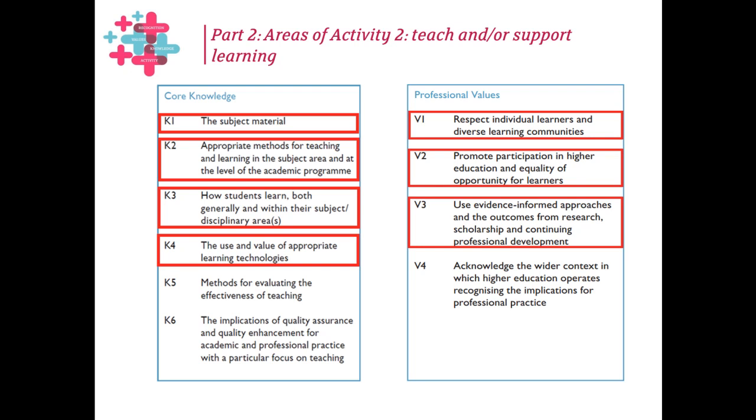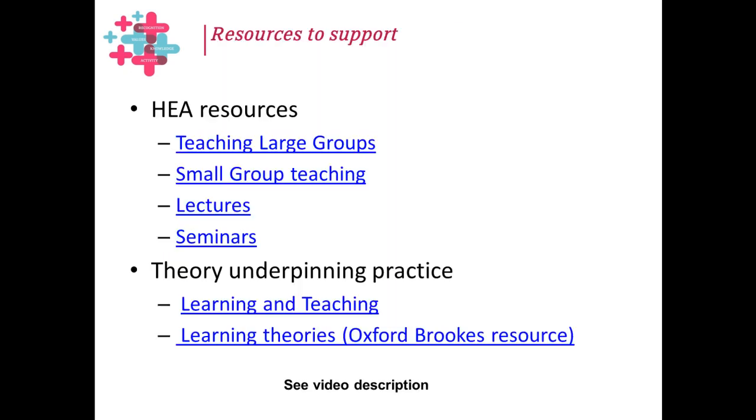The research does not have to be your own research, but it can be research from colleagues and from your own CPD, from your reading. And likewise, the scholarship is about being informed in the subject, but also in the methods of teaching, and that comes through your professional development. So the question here, does your teaching embrace all these dimensions of practice?